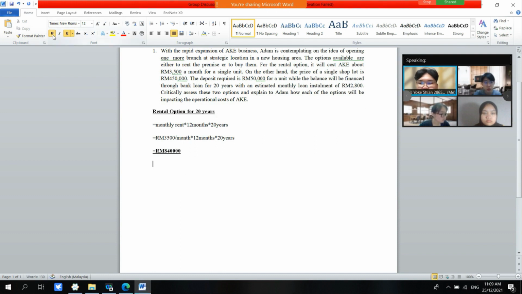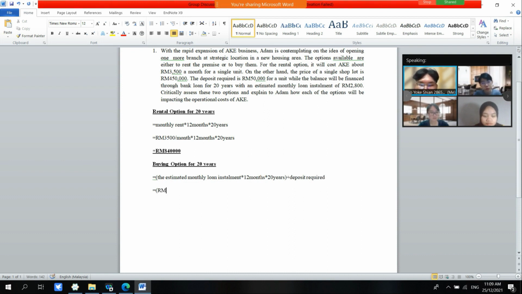And the other option will be the buying option for 20 years. The buying option for 20 years, I think, is this calculation. First, I will start with the estimated monthly loan installment times 12 months times 20 years, and then add the deposit required, which is mentioned in the question above.